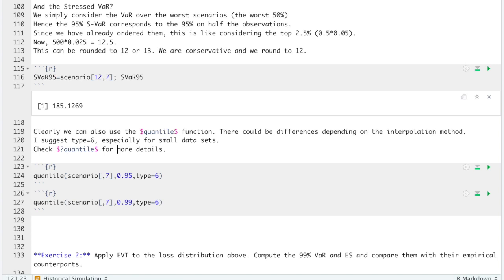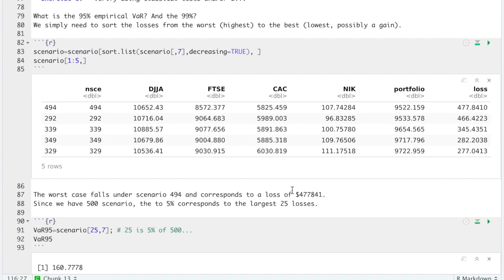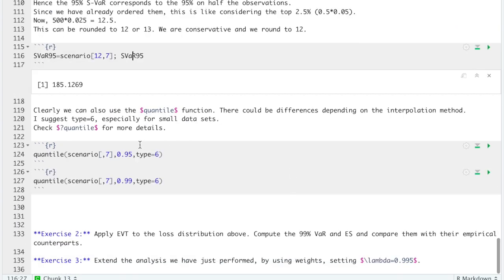Of the different 9 types, unless you have very problematic data sets that are discontinuous and so on, I typically suggest to use type 6. Now, if you want, you can compute the 95% value at risk by typing quantile of scenario, column 7, that is the column that corresponds to losses, and then we say that we want type 6.